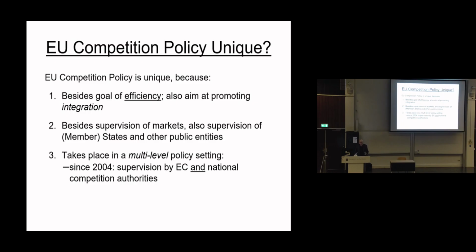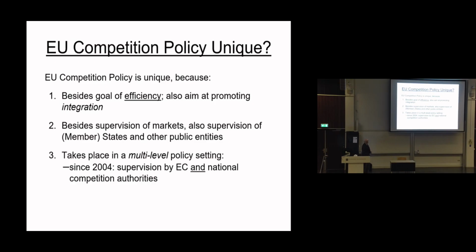And since we have the European Union, it's also the member states that need to be supervised, whether they support national firms. So that makes it very different from, for example, the competition policy in the United States or Japan.